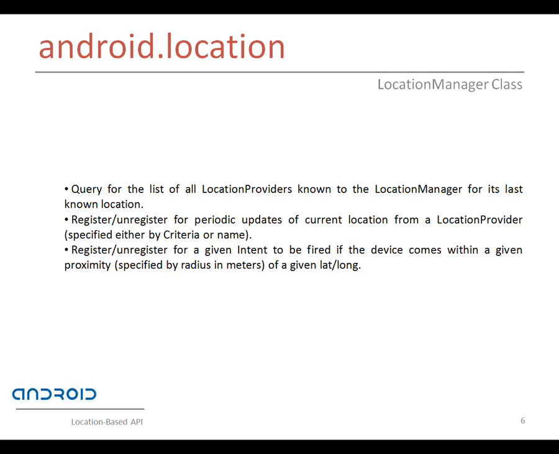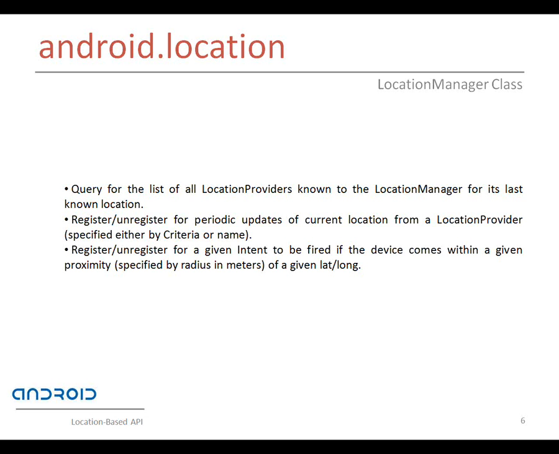Next is register, unregister for periodic updates of current location from a location provider. This is the next thing that location manager provides. Register, unregister for periodic update of current location from a location provider, either by criteria or name. That criteria we will be discussing.